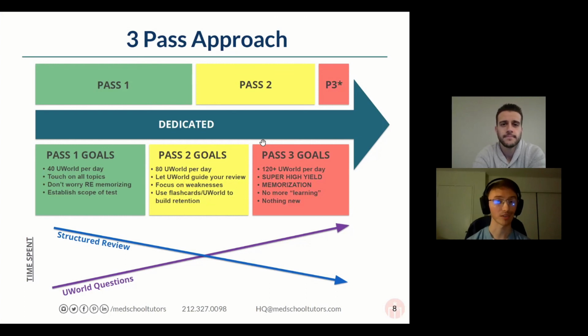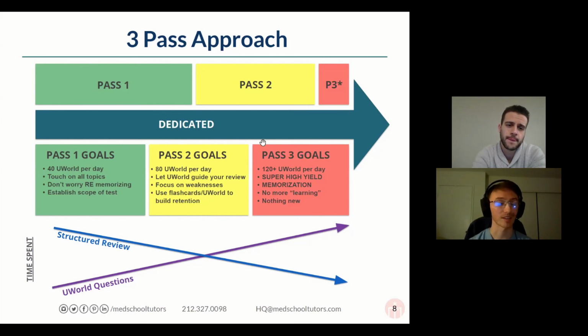With my students, I like to recommend either 2 passes or 3 passes, or something in the middle, like a 2.5 pass approach. The way we structure each of those passes is shifting from starting off with a very structured review and increasing the number of UWorld questions as you go through multiple passes.